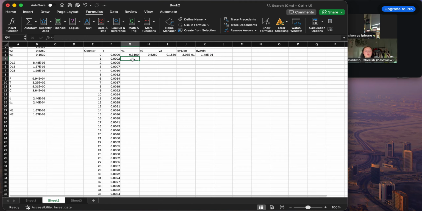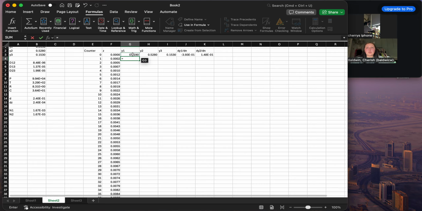Now to find the molar fractions of the rest of these, we use Euler's equation.